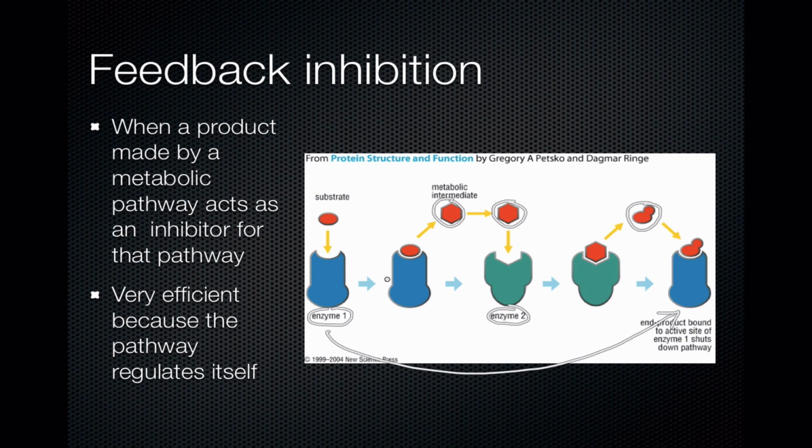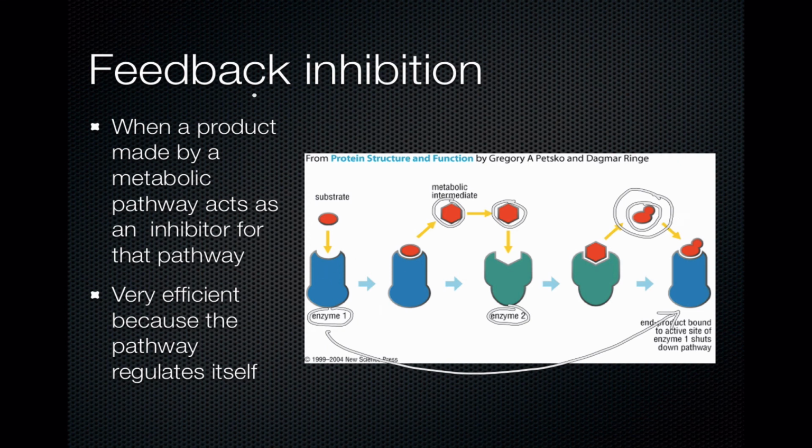Do you see it? The final product of the entire pathway is an inhibitor, a competitive inhibitor for the first enzyme in the pathway. So this is a great way for an enzyme pathway to self-regulate because once there's a high enough concentration of the final product floating around in the cytoplasm or wherever this might be happening, then the system shuts down so that you don't make too much of it.